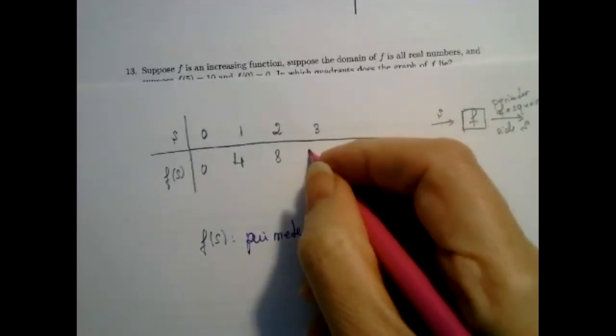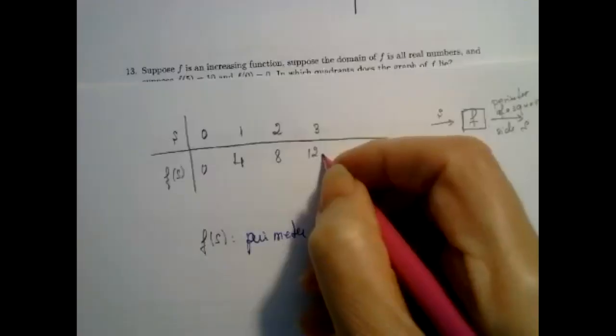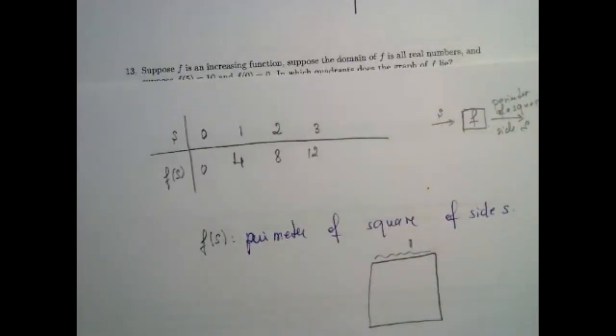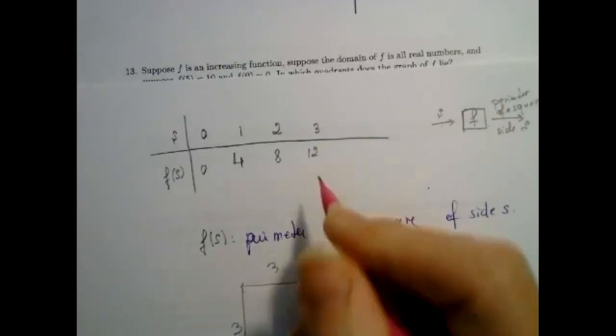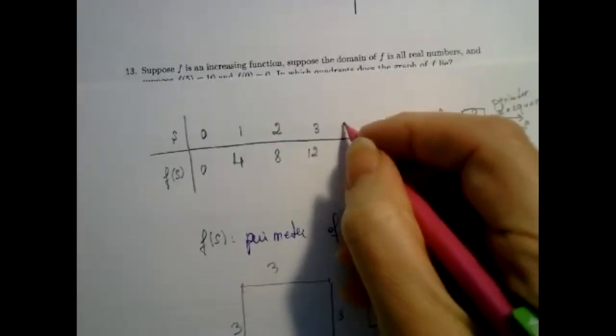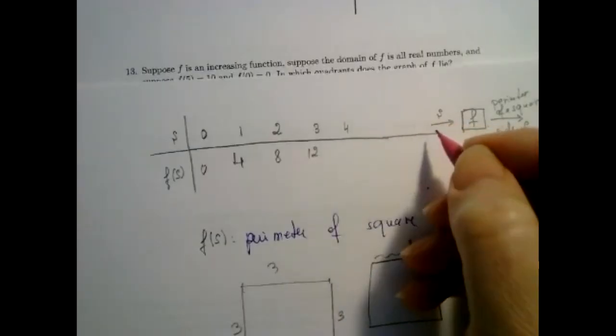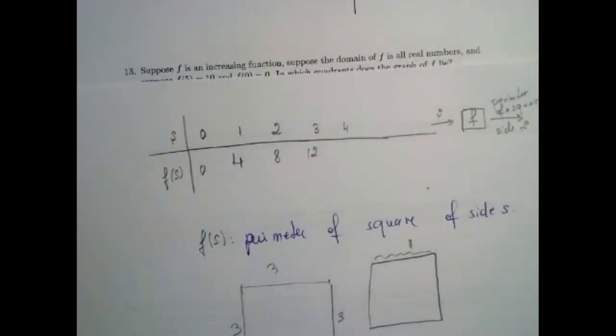If the side is 3, the perimeter is 3 plus 3 plus 3 plus 3. 12, exactly. If s is 4, what's the perimeter? 16.